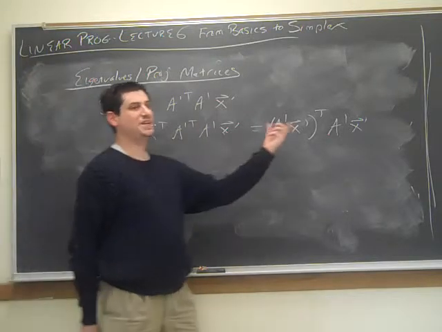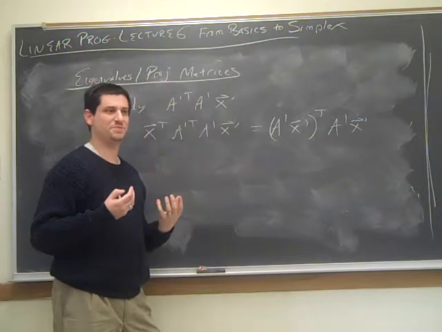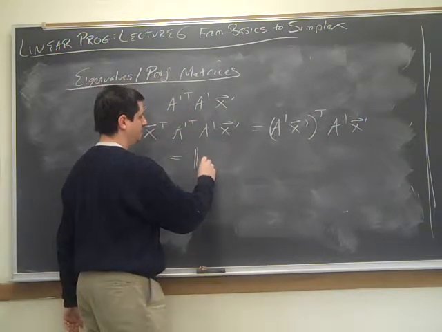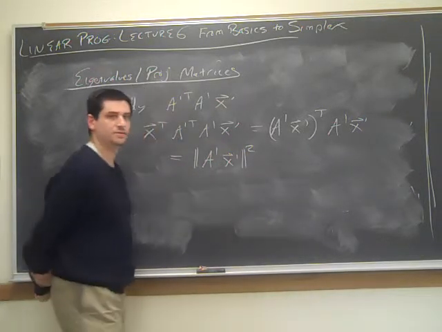Well, this is going to be a number. It's the dot product, right? So V transpose V is basically the length squared. So this is just the length of A prime X prime squared.